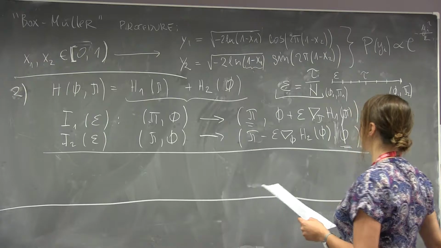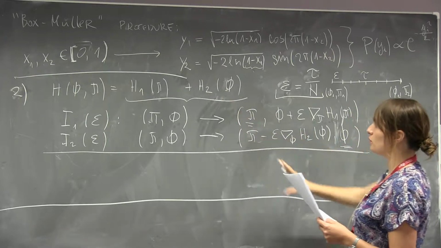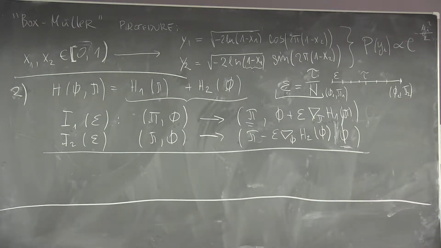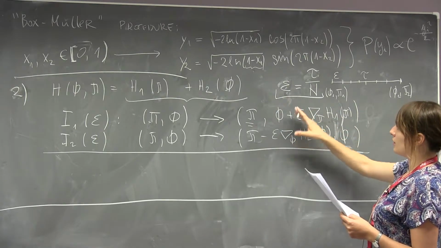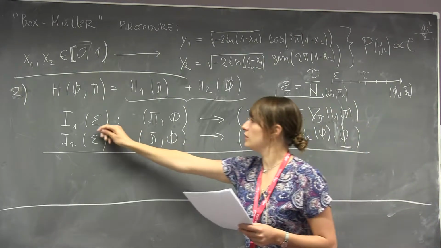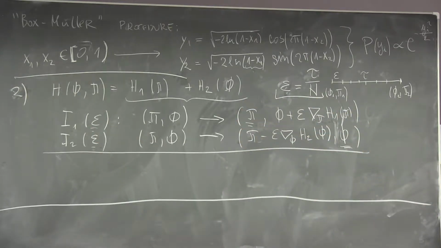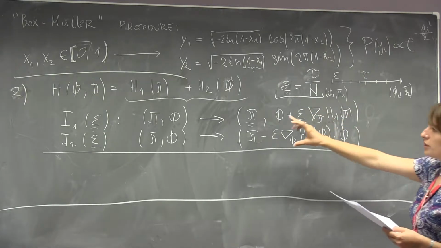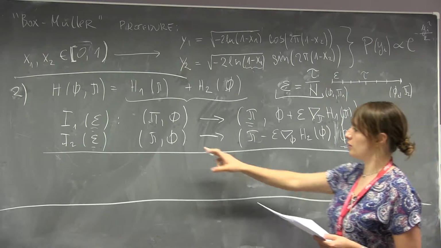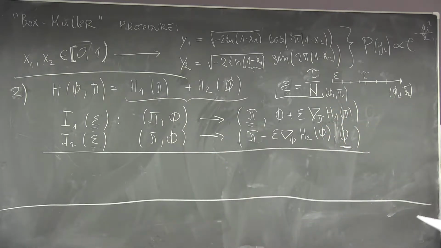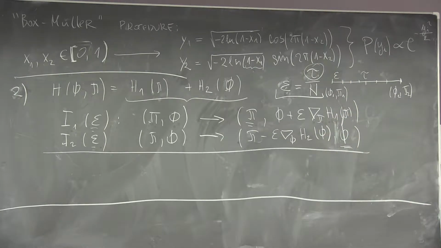It turns out that one can choose to update these fields in any way one wants. One can choose these sub-intervals epsilon. They don't necessarily have to be equal in each update of momenta and update of phi, as long as in total they add up to the total trajectory length tau.